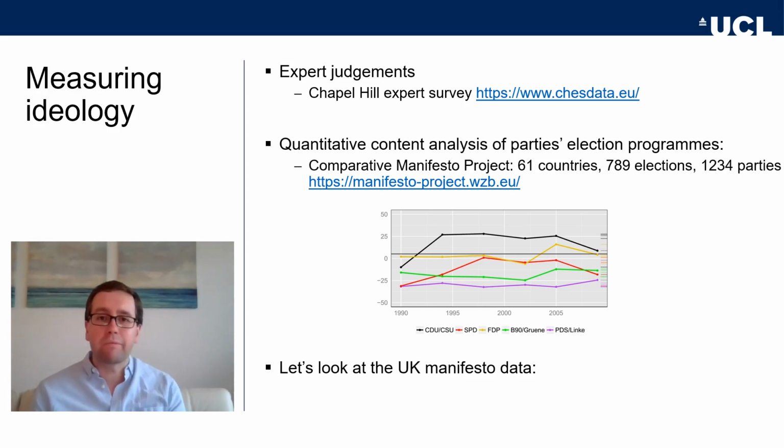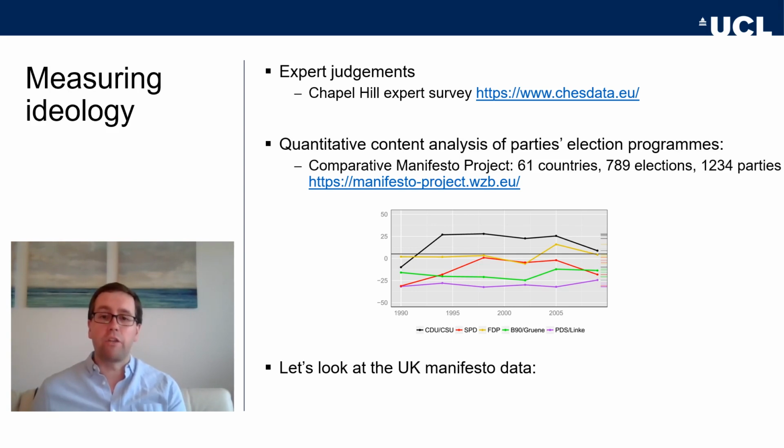One of the biggest projects for this kind of analysis is the Comparative Manifesto Project, which has party positions for 1,200 parties in 60 countries and 700 or 800 elections across the world. So I'd recommend you have a look, if you're interested, at where parties in your home country are located according to the Manifesto Project.